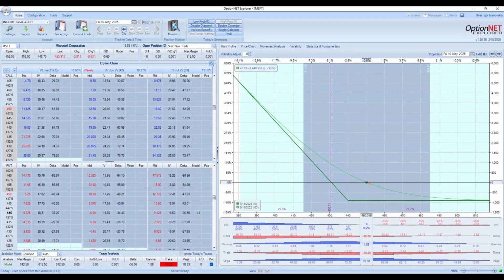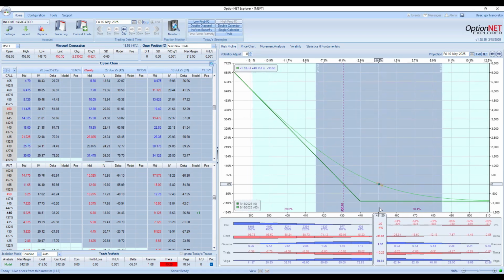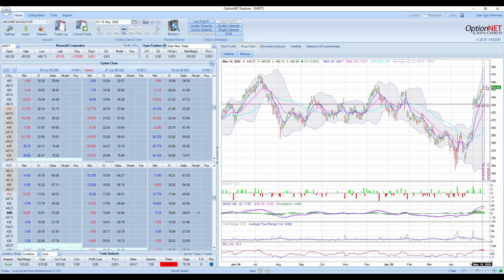So long puts. What is a setup for a long put? Remember, a put option gives us the right to sell the stock to somebody else. I think using long puts is a great way to replace stop losses. For example, if I own shares of Microsoft at 450 a share, and I'm concerned that maybe I'm chasing up here and that maybe the stock is going to go down.